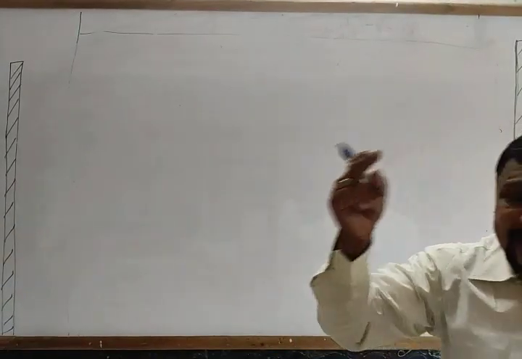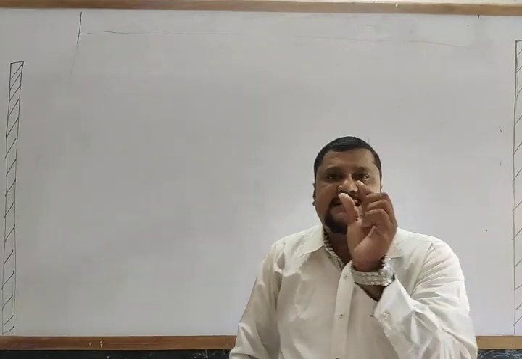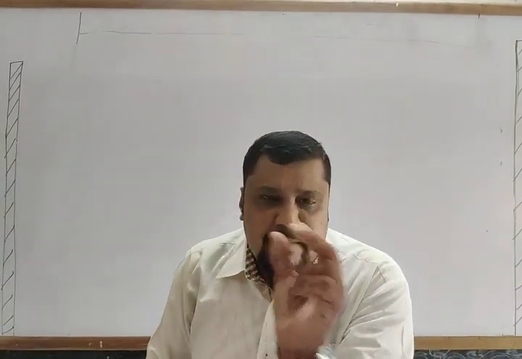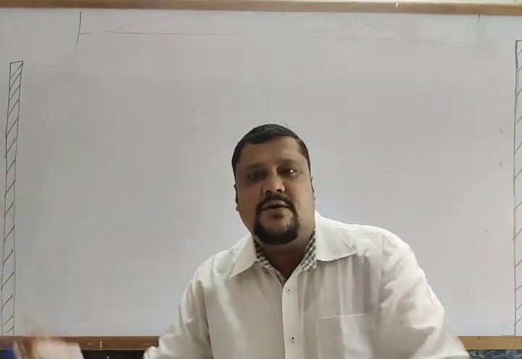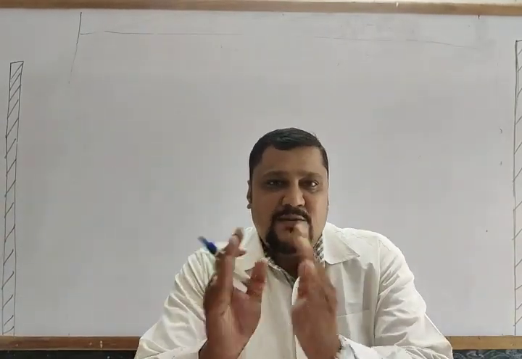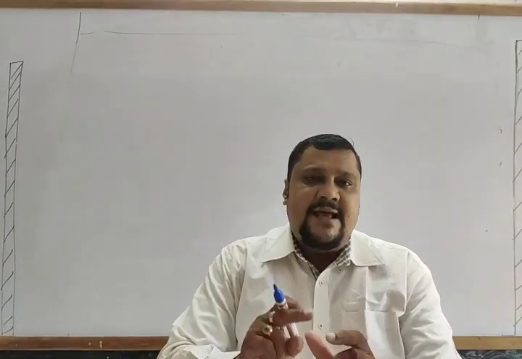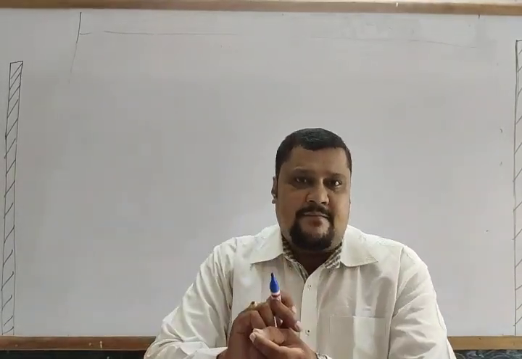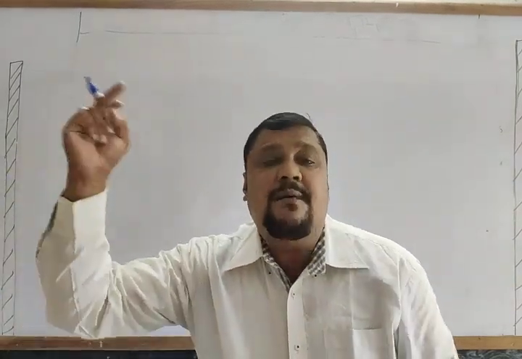And that multiple of 10 to the power 3 can be replaced by a word called kilo. Before meter, I am using the word kilo, which is equal to 10 to the 3. Means I am using a prefix for a multiple of 10. Similarly, I am using the milli prefix for the submultiple, 10 to the power minus 3.